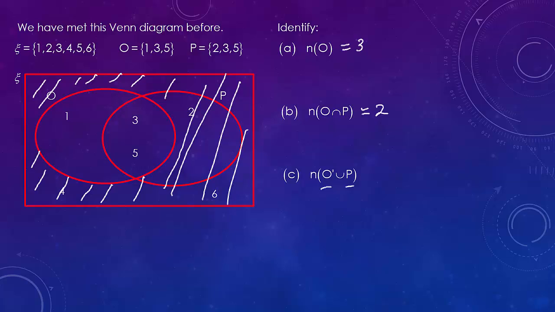Then in a different colour, I'm going to shade P. Because this is a union, we want everything that appears in a shaded region, which is absolutely everything except this one here. Therefore, there are 5 elements.